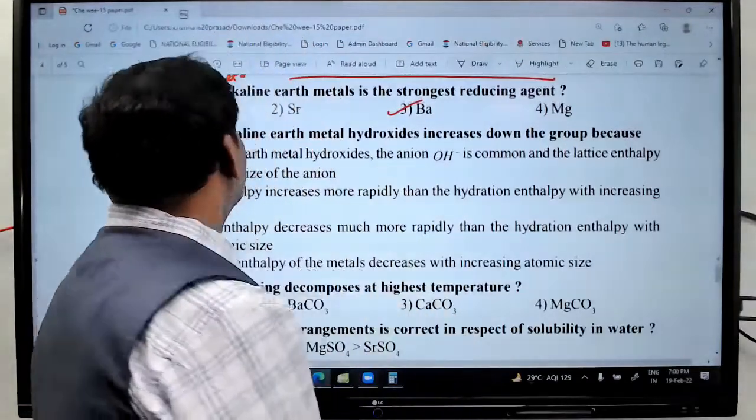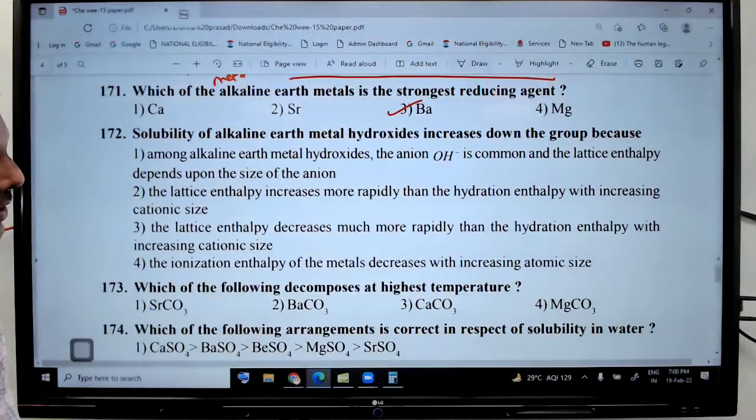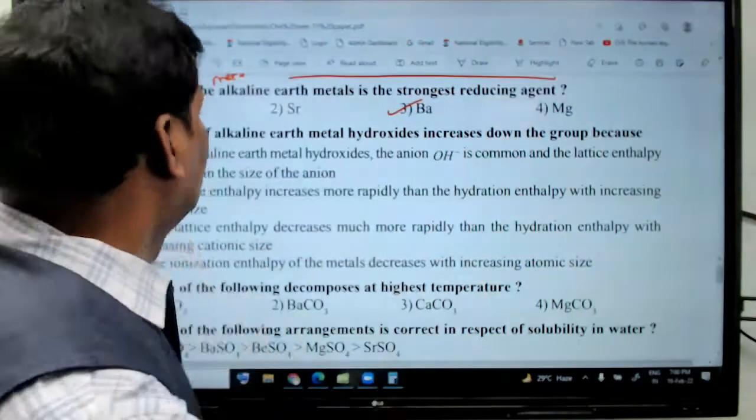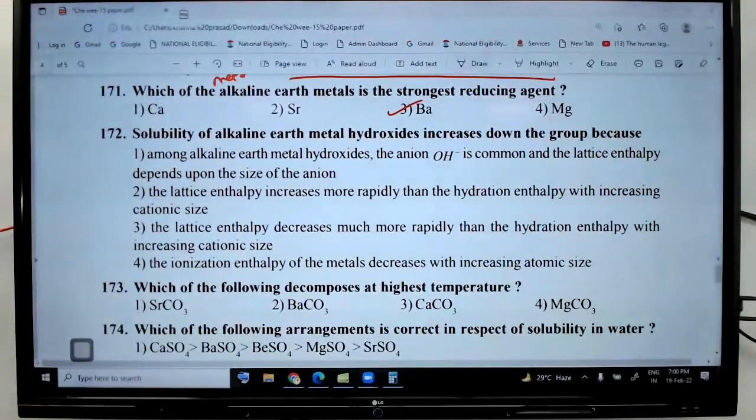Solubility of alkaline earth metal hydroxides increases down the group because, which is the correct option?